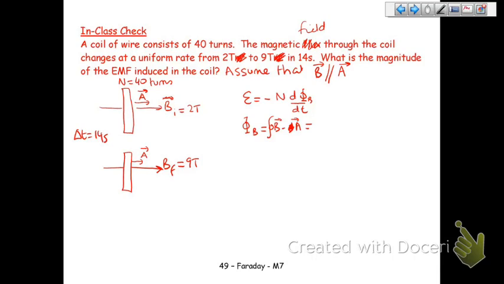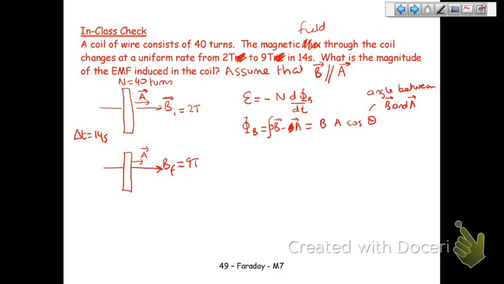B dot A equals B A cosine of the angle between them, where the angle is the angle between A and the magnetic field. That's what the dot product says, isn't it? It's the cosine of the angle between these two vectors, which in this case is going to equal 0.